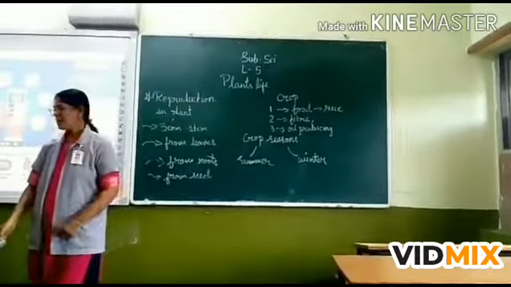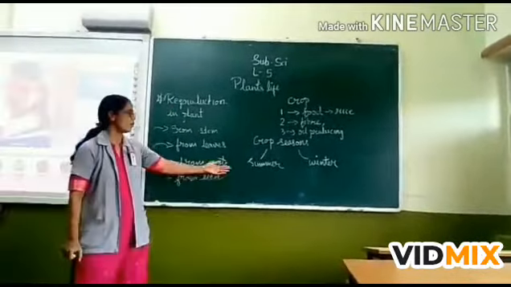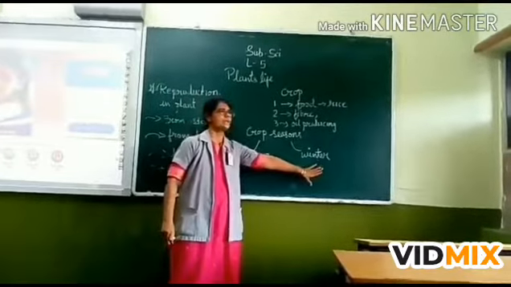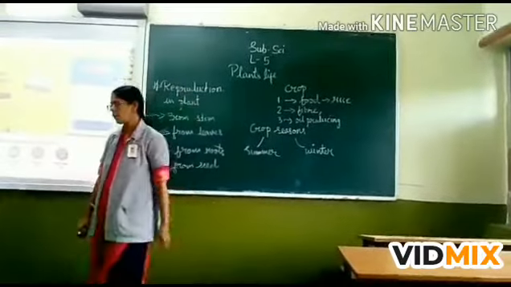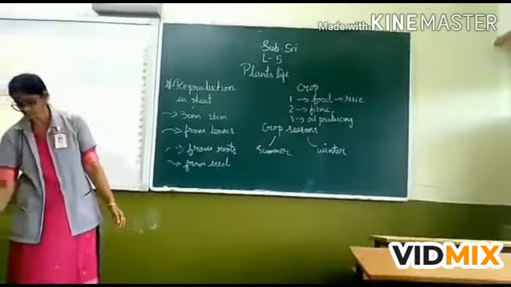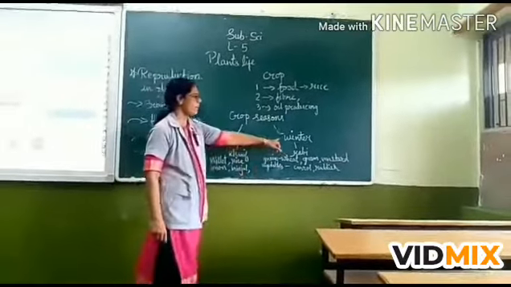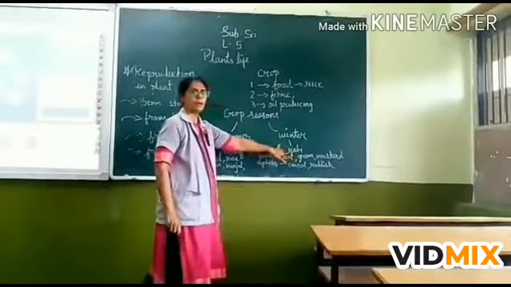Now, the plants which grow in the summer season are known as the summer crops, and those that grow well in the winter season are known as the winter crops. Summer crops are known as kharif crops and winter crops are known as rabi crops.